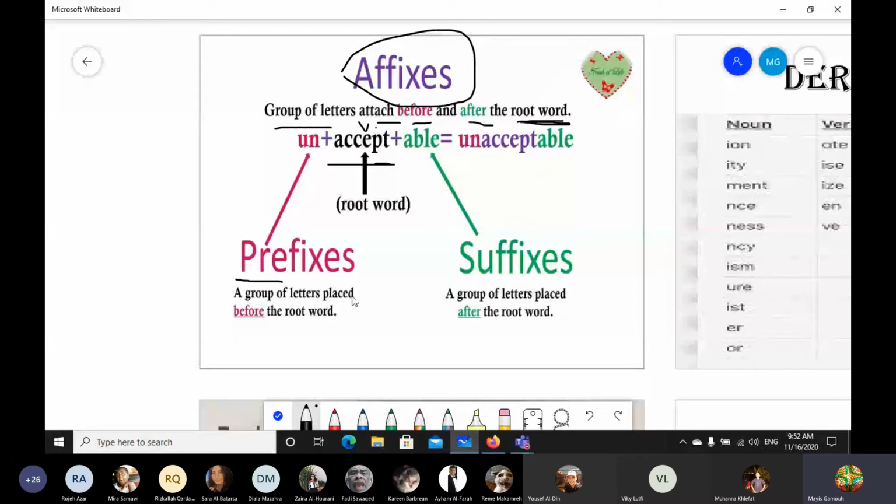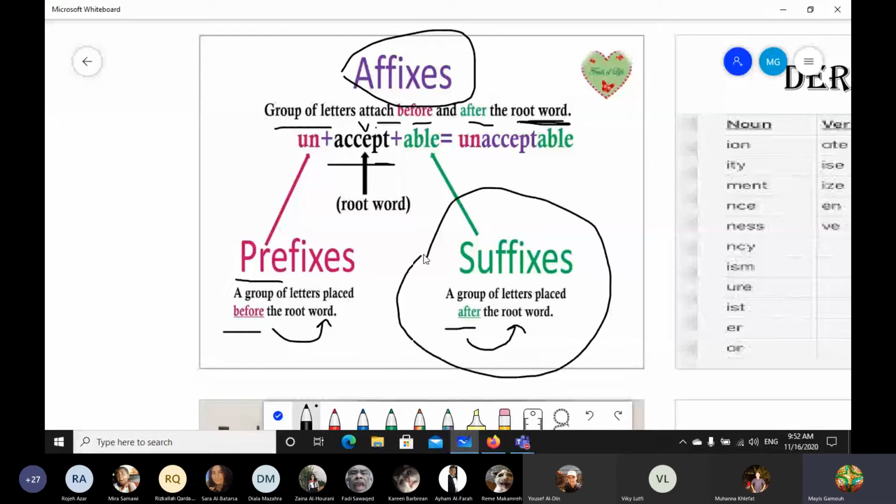In our lesson, we care more about suffixes, because we add prefixes most of the time in order to change the meaning of the word. But in our lesson, we want to change the part of speech of the word, from a noun to an adjective, or from a verb to a noun, from a verb to an adjective.